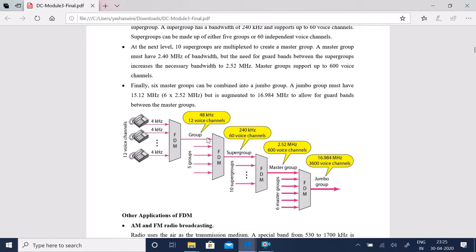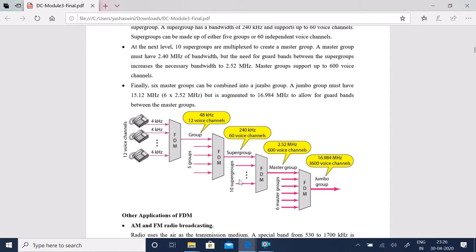So this group is capable of holding 48 kilohertz of data. You have 5 groups of such kind. So a supergroup can be formed using 5 into 12, that is 60 voice channels, with the capacity of 48 into 5, which is 240 kilohertz. Now there are 10 such supergroups.